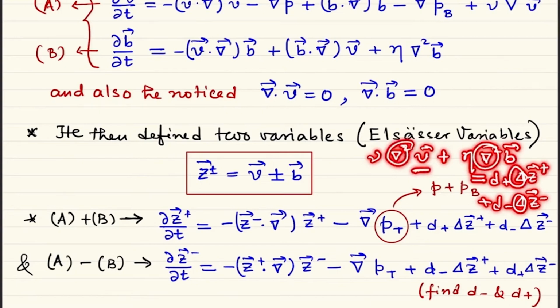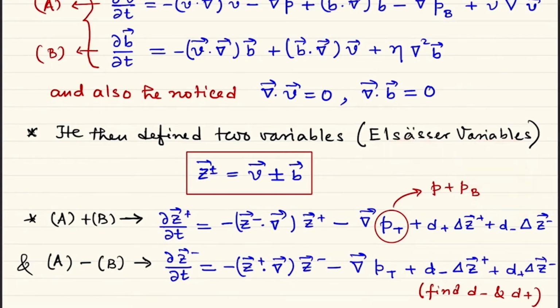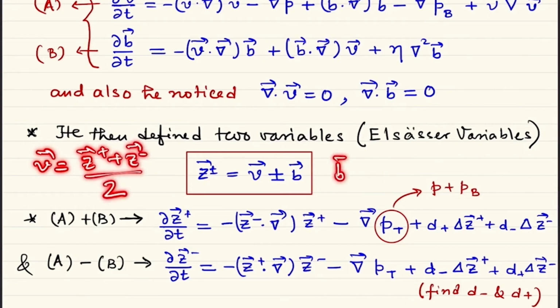Then you write V and b: if Z plus minus are V plus b and V minus b respectively, then V will be simply equal to (Z plus plus Z minus) by 2, and b will be equal to (Z plus minus Z minus) by 2.